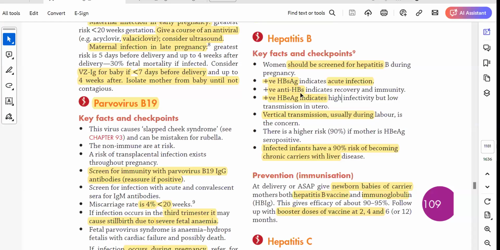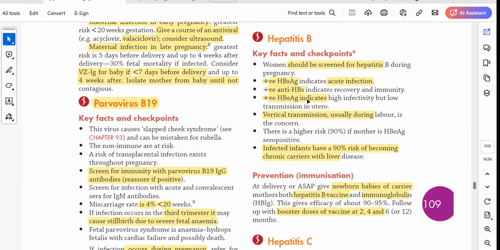And if anti-hepatitis B antibody is positive, it means the patient has antibody against it. But mainly you need to remember, if you find a patient who has surface antigen positive, HBeAg positive, and even anti-core antibody IgM positive, if all of these are positive, then it is acute hepatitis B. Vertical transmission during labor is the main concern because it mainly transmits through the blood, right?